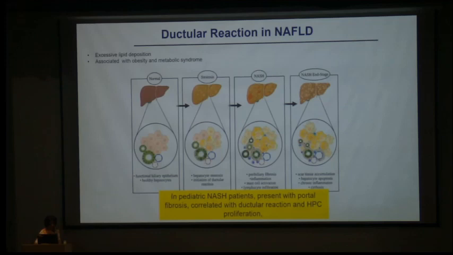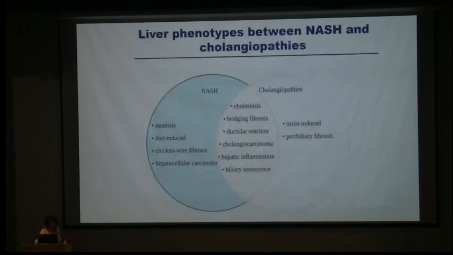What they did, even in pediatric NASH patients, was show that they present with portal fibrosis correlated with ductular reaction and HPC proliferation. And this is also a redundant slide, I will say, showing the similarity between NASH and the cholangiopathies due to cholestasis: bridging fibrosis, ductular reaction, hepatic inflammation, and so on.